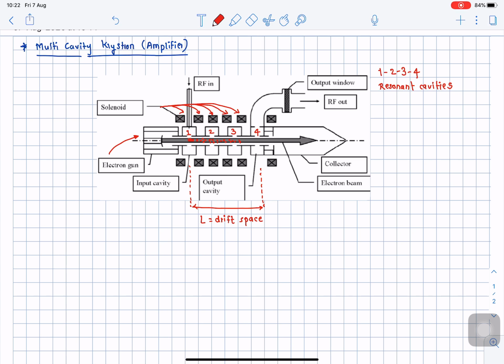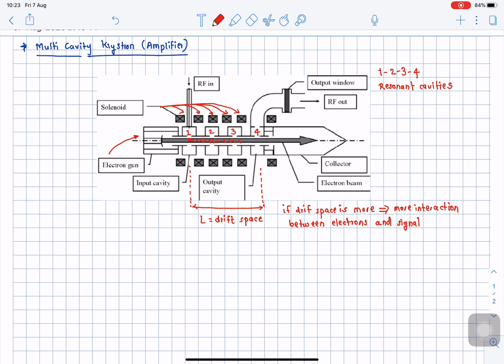If the drift space is large, it will give more interaction between electrons and signal.